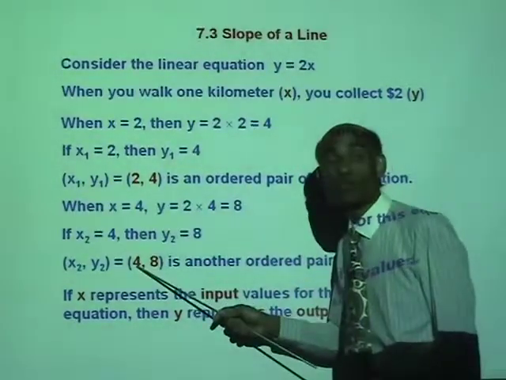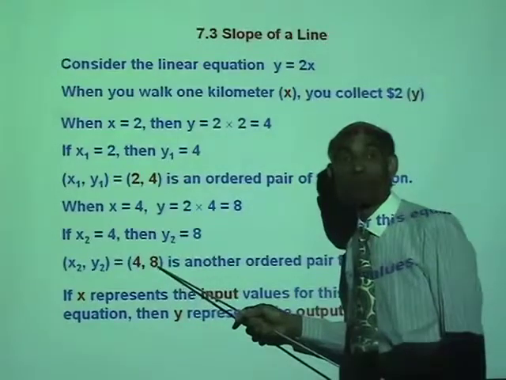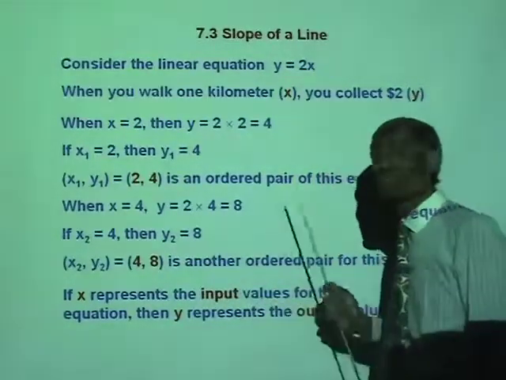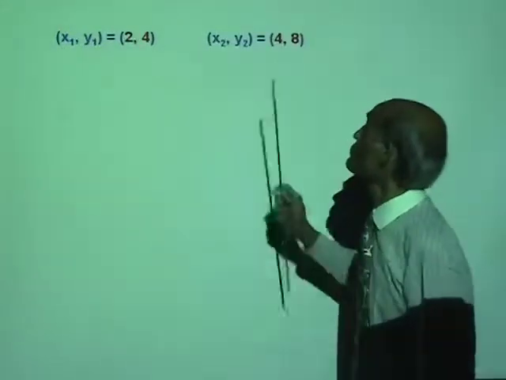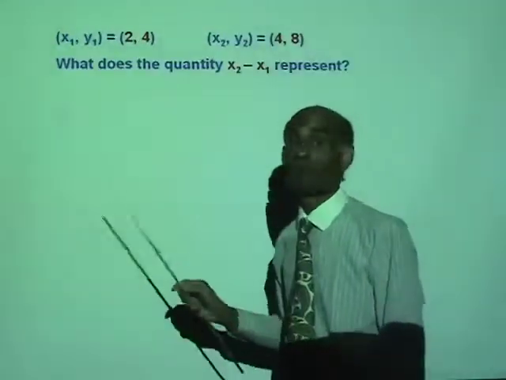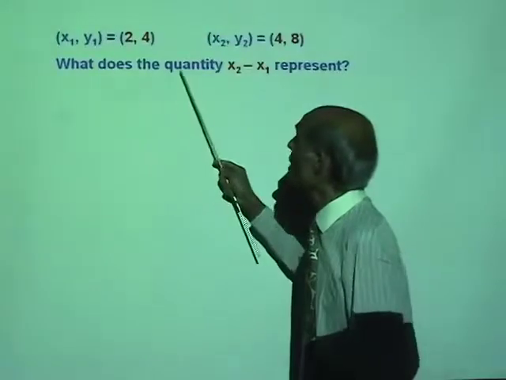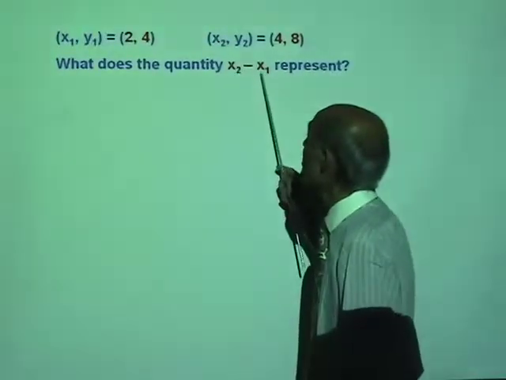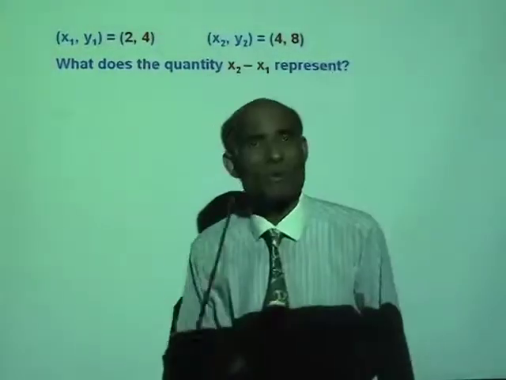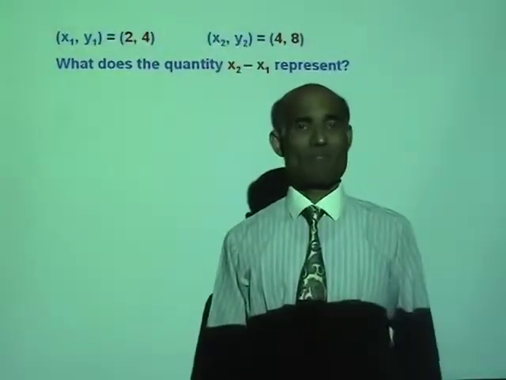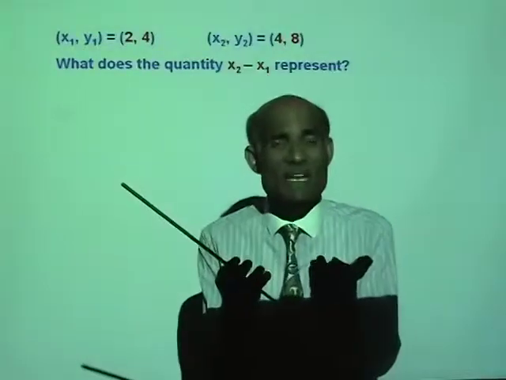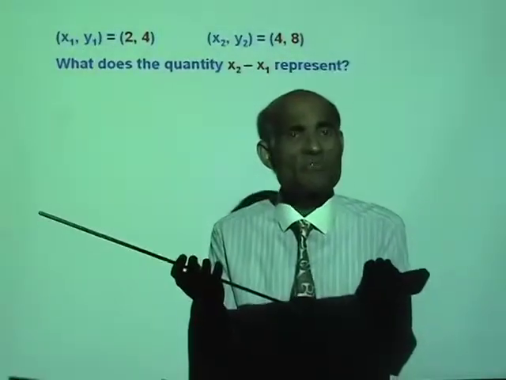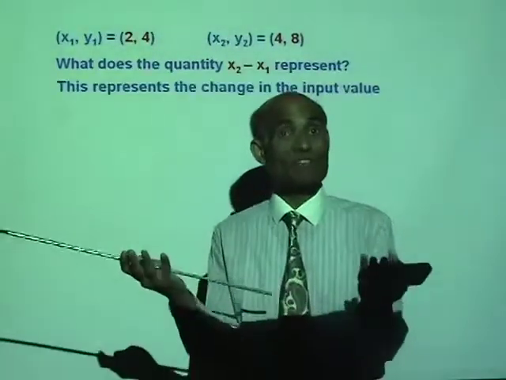When the input equal to 4, the output equal to 8, that is another ordered pair. Alright, I have those two ordered pairs here. Let me ask you, what does the quantity x2 minus x1 represent? You see, x2 minus x1 represents a change in the value of the input, isn't it?